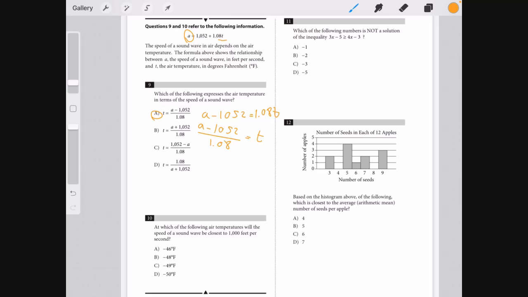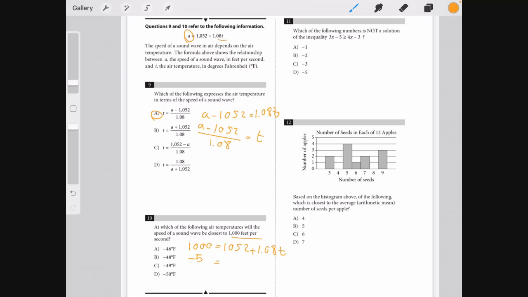10. At which of the following air temperatures will the speed of a sound wave be closest to 1,000 feet per second? So basically what you need to do is just plug in the speed and find T. So 1,000 will be equal to 1052 plus 1.08 T. So subtract 1052 from both sides of the equation.